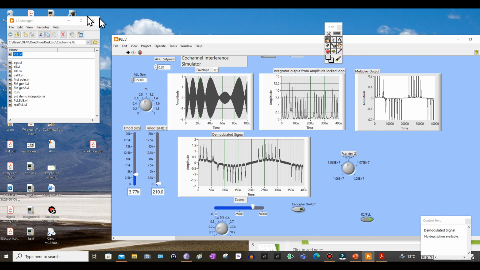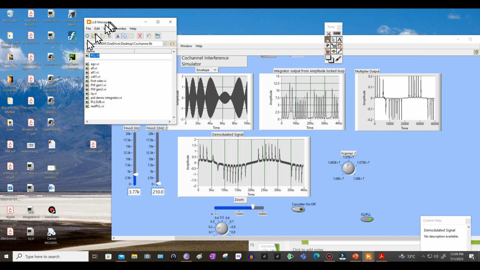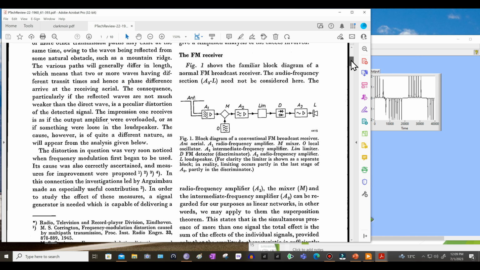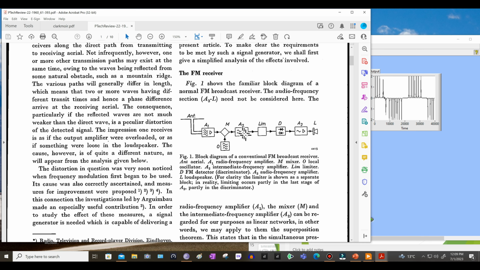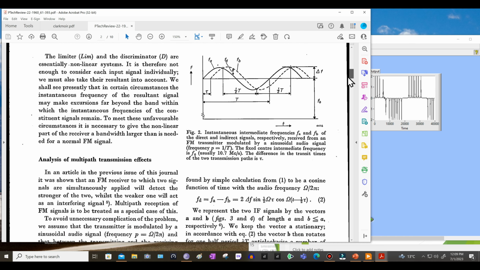This problem was looked at, as I say, a long time ago. I don't know if I can find it. Oh yes, this is the original paper by Corrington, and this is another. It's about multipath, and he uses a discriminator in those days, and doesn't use a phase lock loop, but that doesn't matter really.